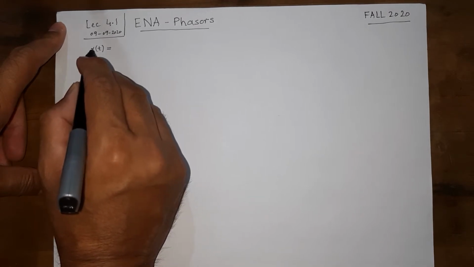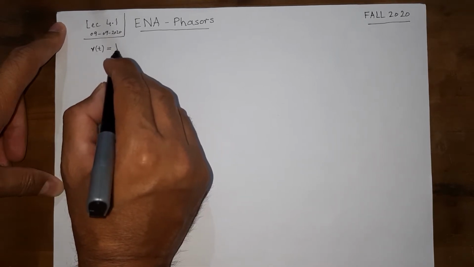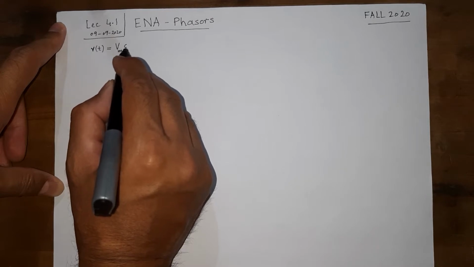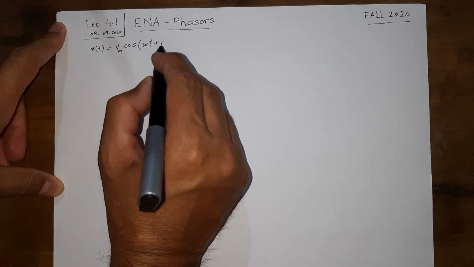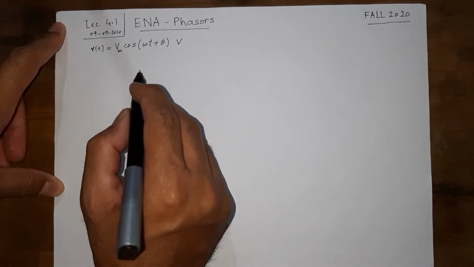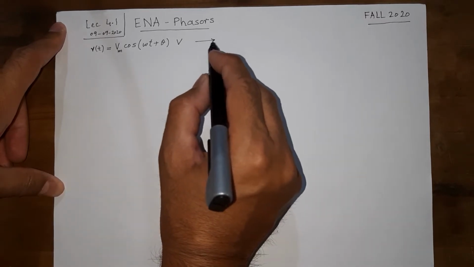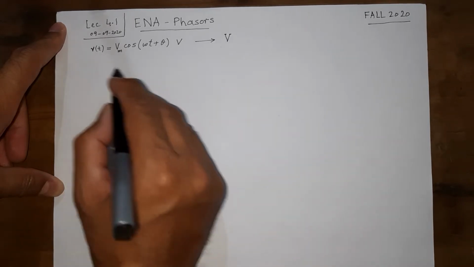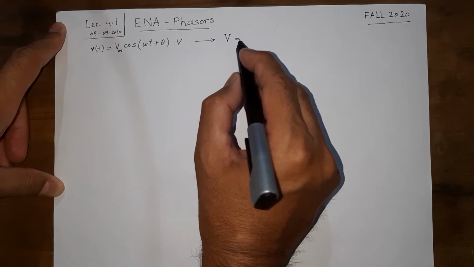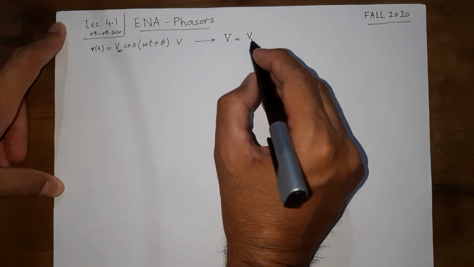a time domain quantity, a voltage or a current, for example v(t) = Vm cos(omega t + theta) volts, can be converted to a convenient complex number capital V. So this v(t) converts to V, and that complex number has a magnitude of Vm.